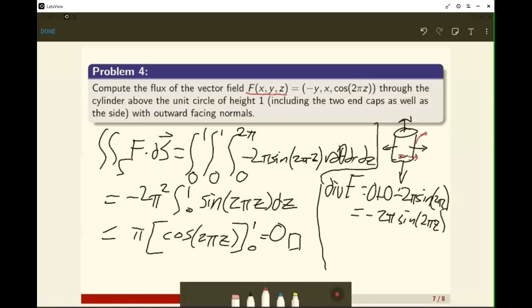The vector field, the xy component is perpendicular to the lateral surface of the cylinder, and so it's not contributing anything to the flux along the lateral component.